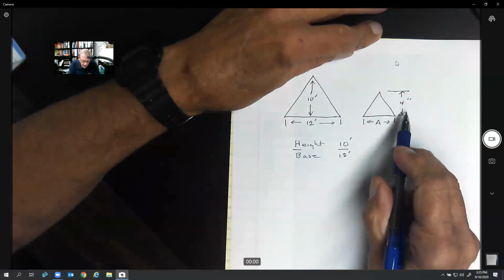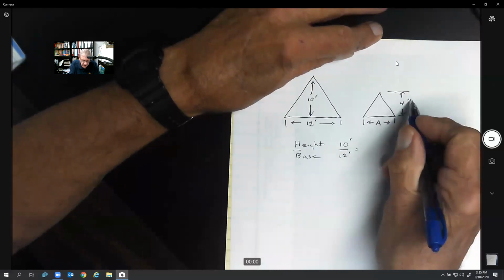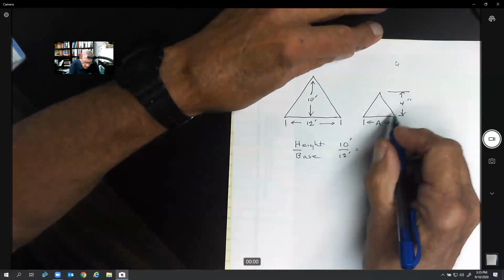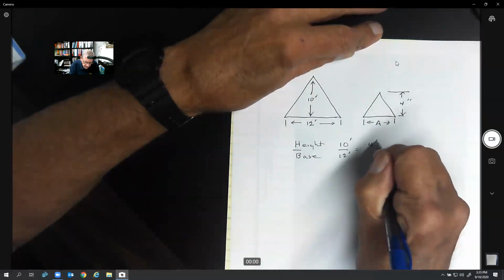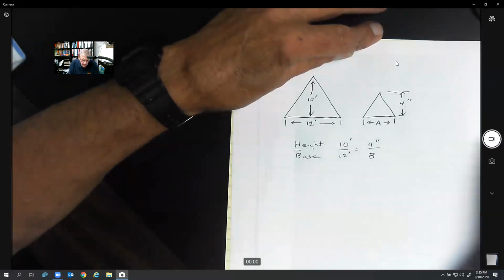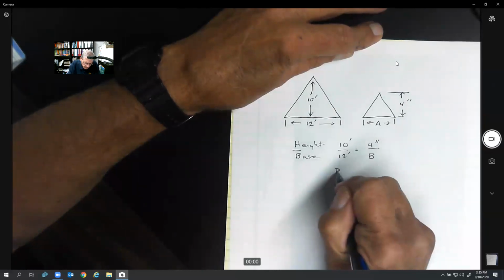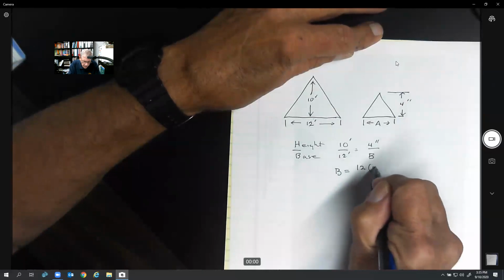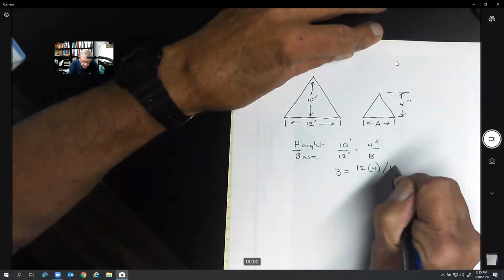Now, we're comparing it to this. This is okay as long as both of these are going to be, the 2 marks mean inches. So 4 would still be what? 4 would be the height, huh? And we're looking for the base. So let's cross multiply. Let's see, base is equal to 12 times 4 divided by 10.